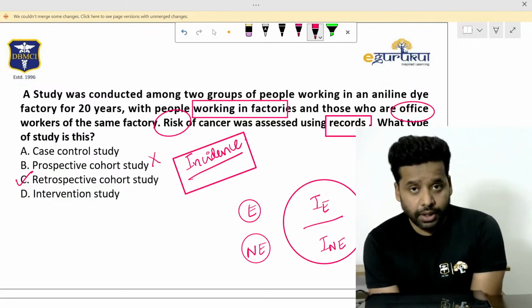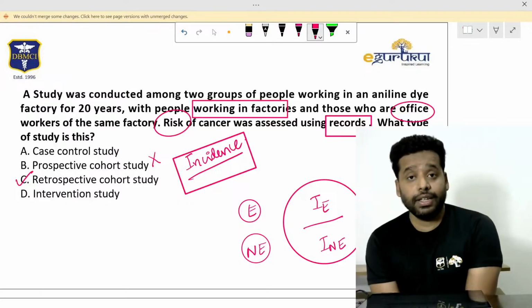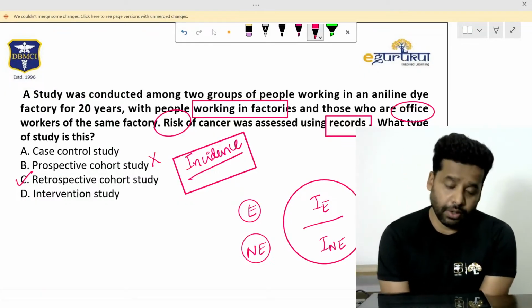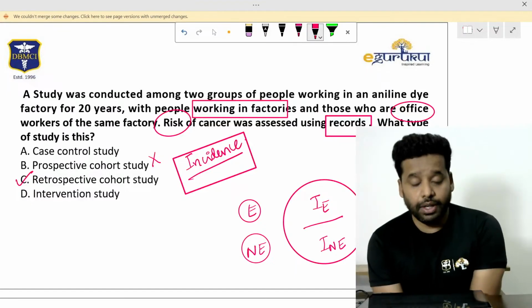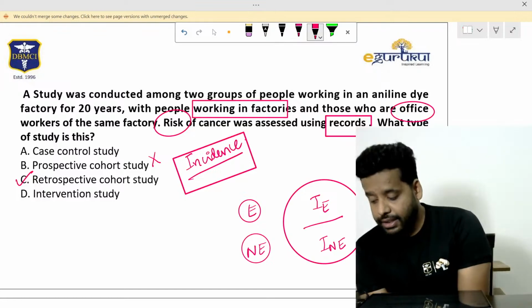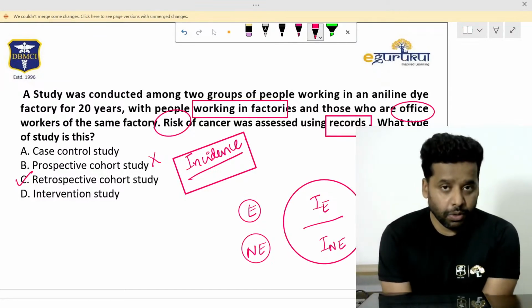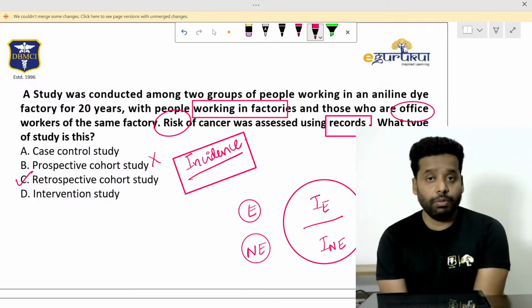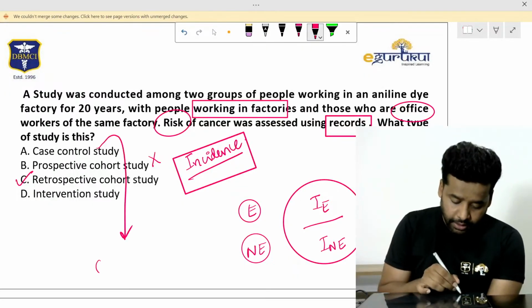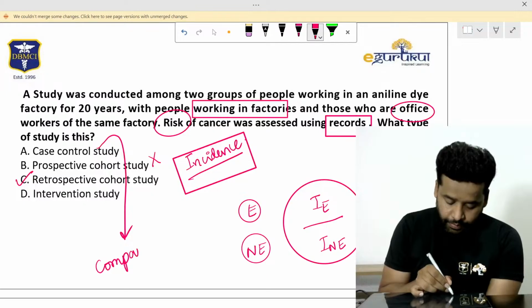In a cohort study, always remember we are comparing the incidence in exposed and the incidence in non-exposed. We are calculating risk ratio. But what about a case control study? What will we be comparing in a case control study? We are comparing the exposure pattern.